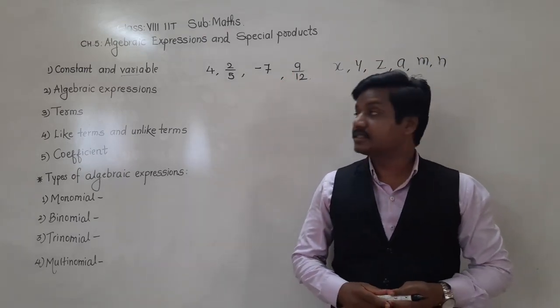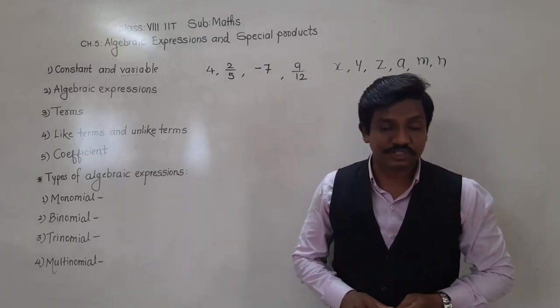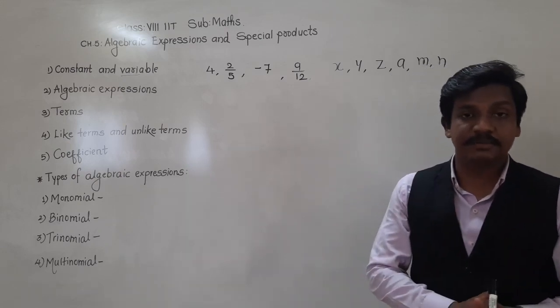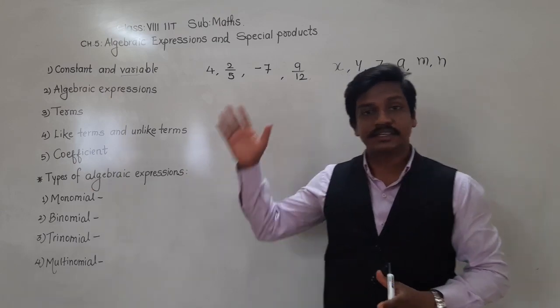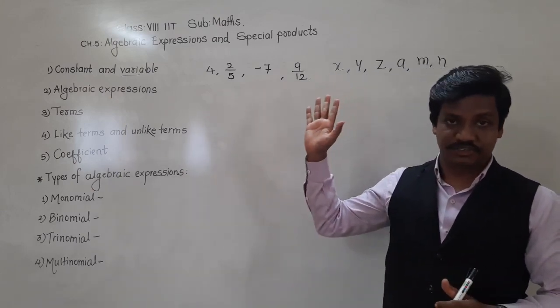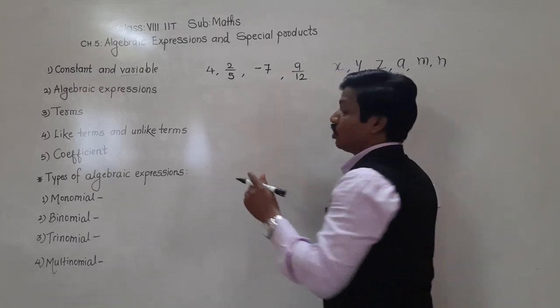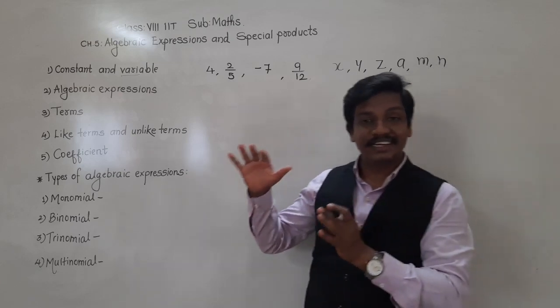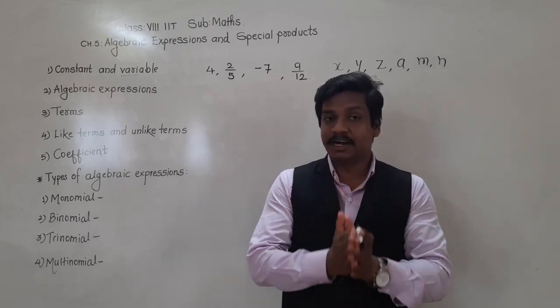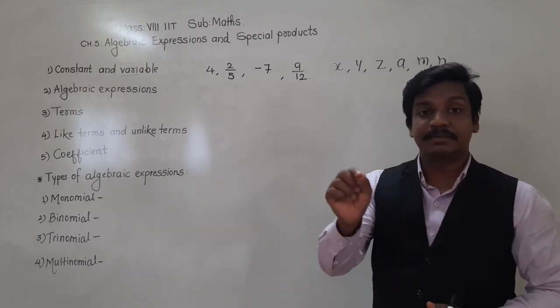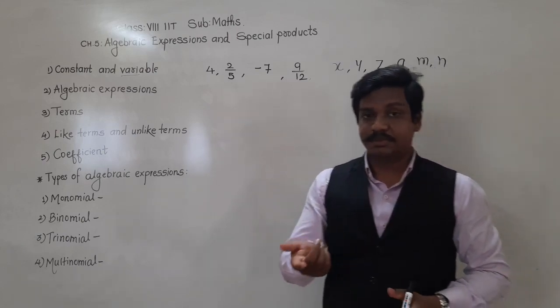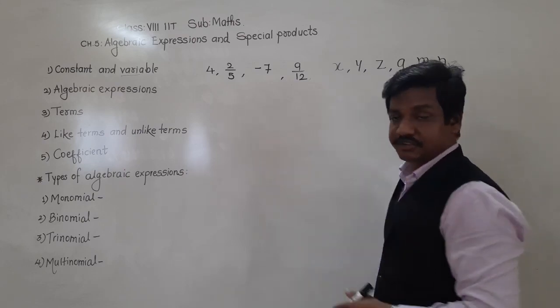Then the next term is algebraic expressions. Now what is meant by an algebraic expression? An algebraic expression is a combination of variables and constants connected by the basic mathematical operators, that is, the basic mathematical signs: plus, minus, multiplication, division.